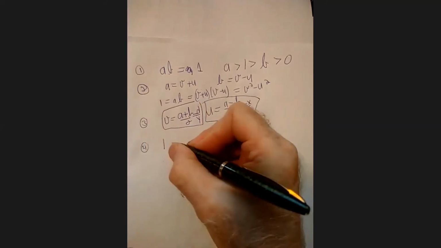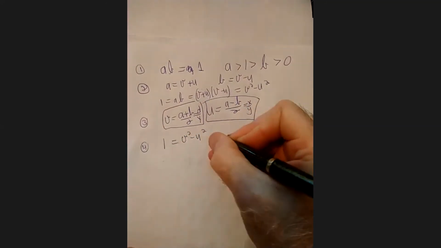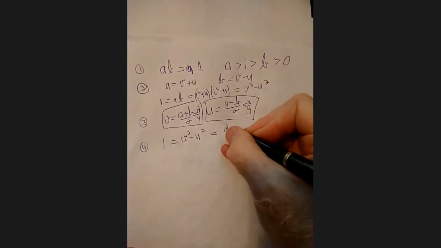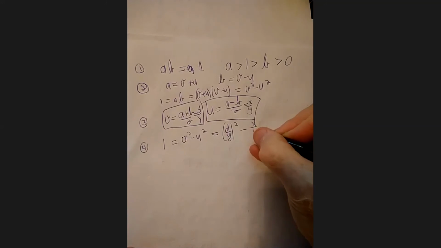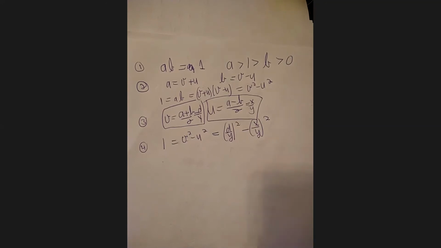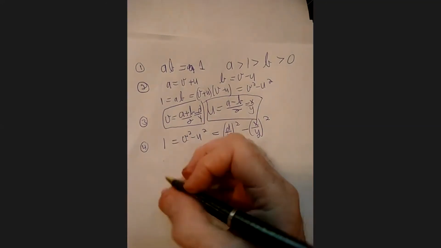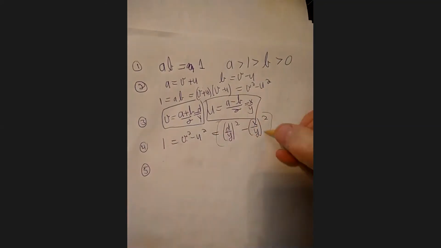I get 1 equals V squared minus U squared, and then I clear the fractions as we did above. I multiplied both sides by y squared.